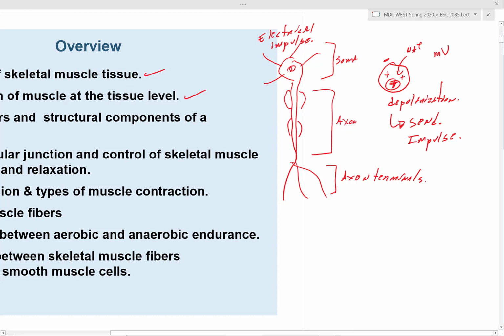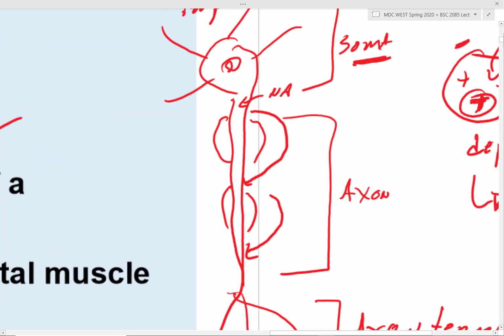So that is electricity. So that electricity travels all the way from the soma all the way to the axon terminals. Okay? And all it's doing is going from here to here, from here to here. You see, it's kind of like jumping. So that means that sodium goes in at this level, right? The inside becomes now more positive and the outside becomes more negative, correct?